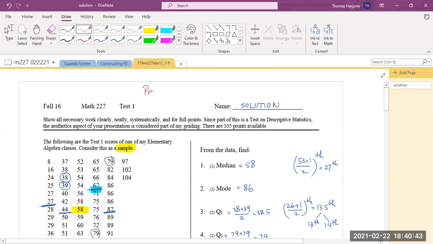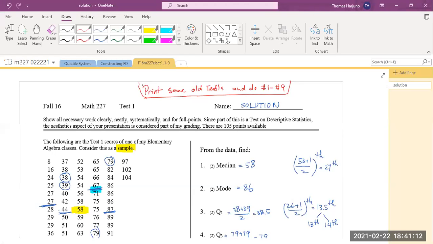Print some, all test 1, and do number 1 to number 9. Okay, maybe 2 or 3 of them. Number 1 to number 9 is procedural, so you should be able to do it already. At least do it this weekend.